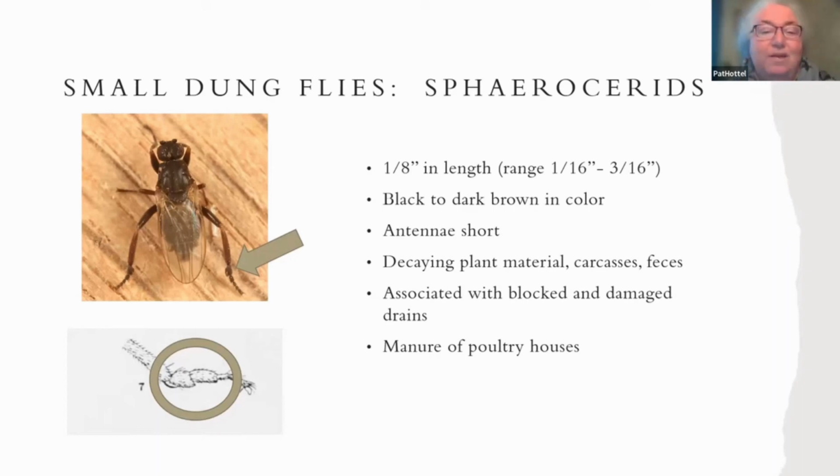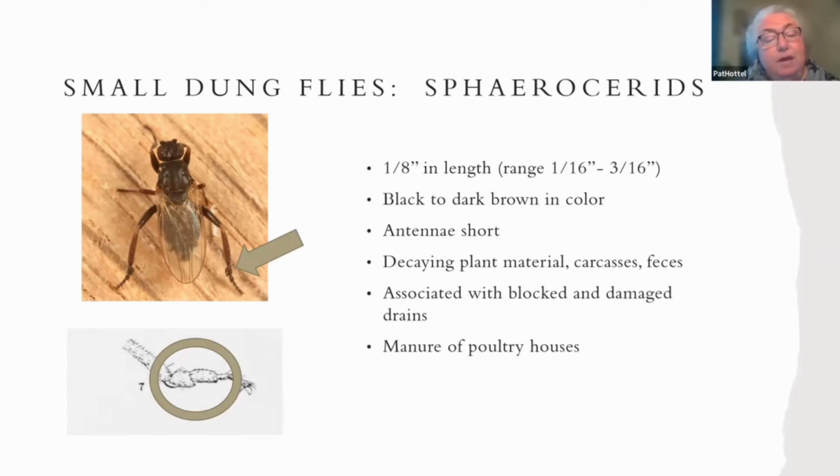Phorids are the other one that sometimes we have problems with where there's been a pipe break. We can have sewage or other food leaking into a crawl space or subslab, and these flies breeding in large numbers. So small dung flies and phorids there. Can be a pest of poultry houses, hog barns, etc.